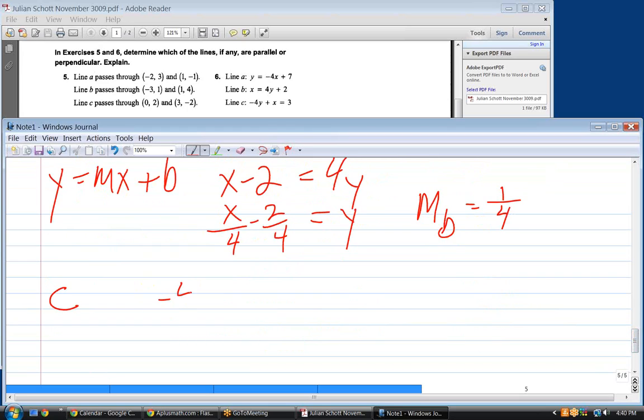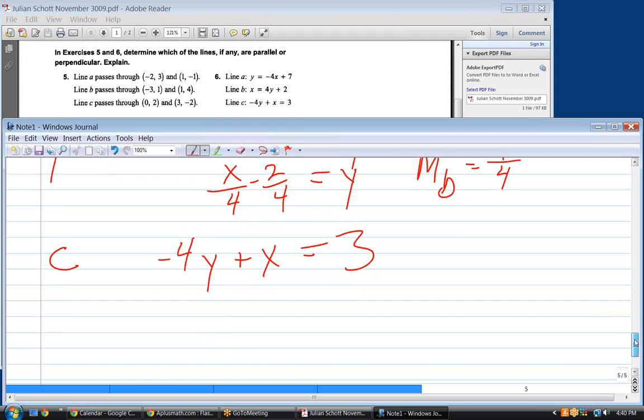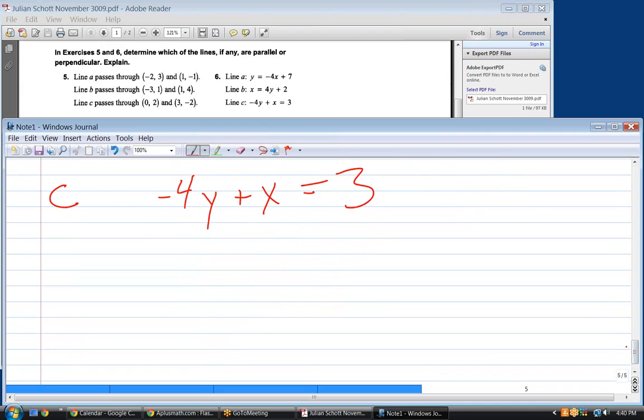We have minus 4y plus x equal 3. Do something with this equation so that we can figure out slope. Alright, so minus x. Now, I can write it like that, but it's better, since we're trying to get it in slope-intercept format, let's put the minus x first.